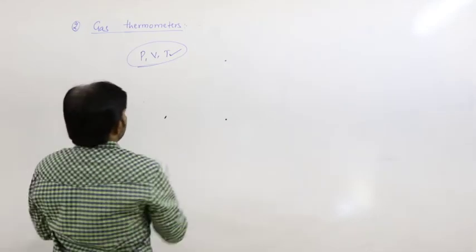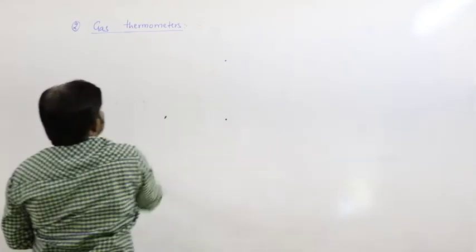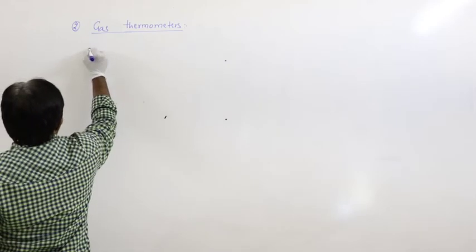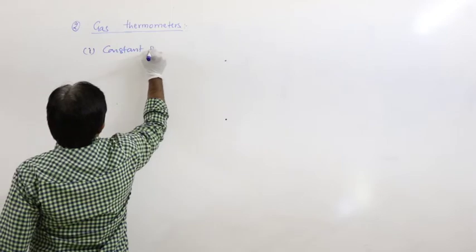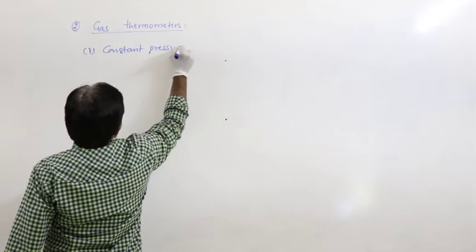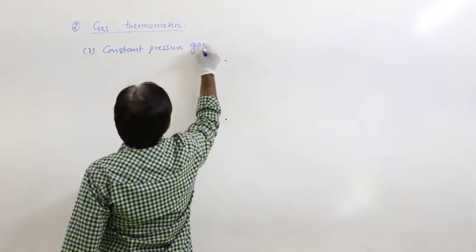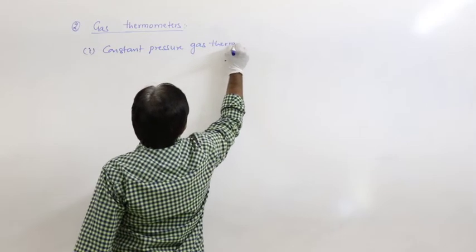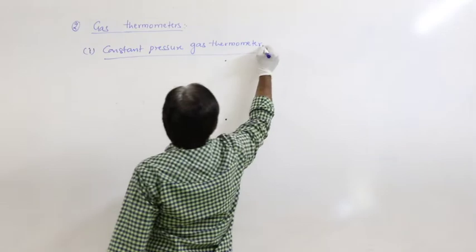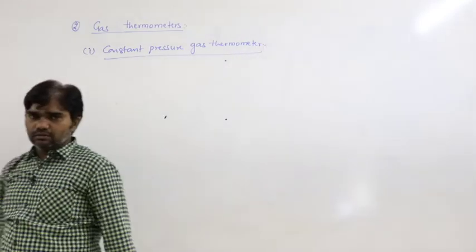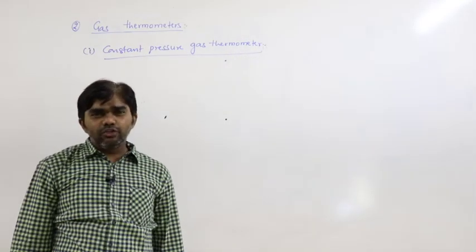In these two, if the pressure remains constant, that is called a constant pressure gas thermometer. If the pressure remains constant, what are the remaining two variables?